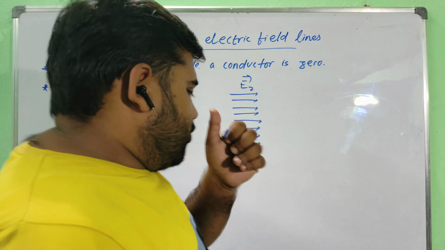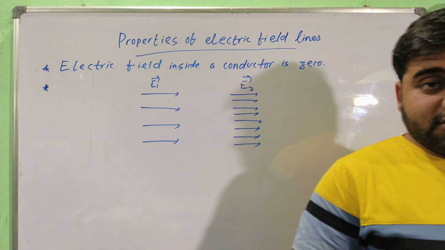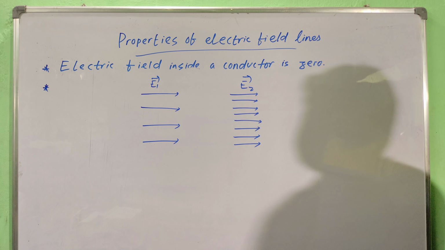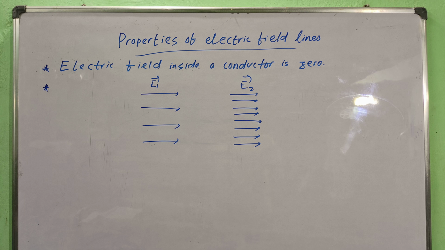Let us use our observational skills, since we are humans and we have a lot of observational skills. We can see that E1 has fewer electric field lines and E2 has a greater number of electric field lines in that area.